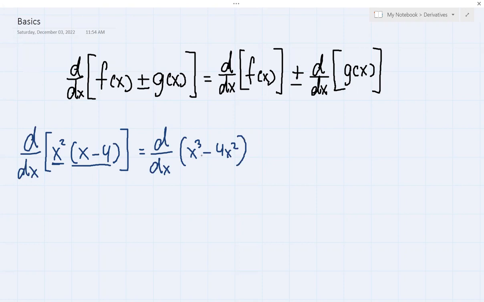So, as you can see, it's already expanded and nakaseparated na yung mga terms by addition or subtraction operation. So therefore, we can now apply the sum and difference rule of differentiation. So we will have the derivative of x cubed minus the derivative of 4x squared.